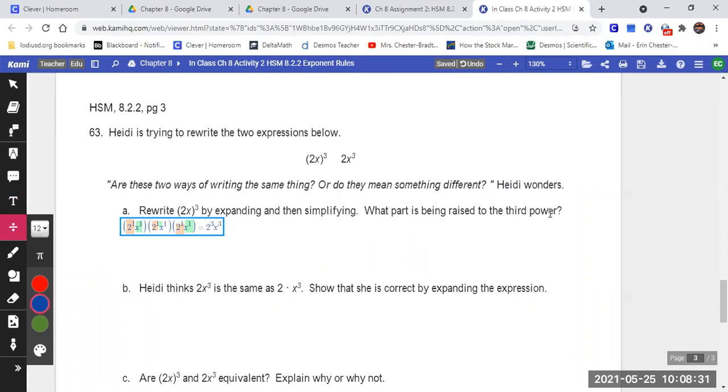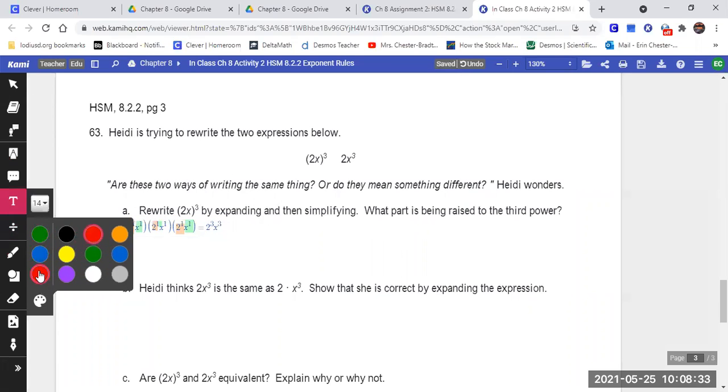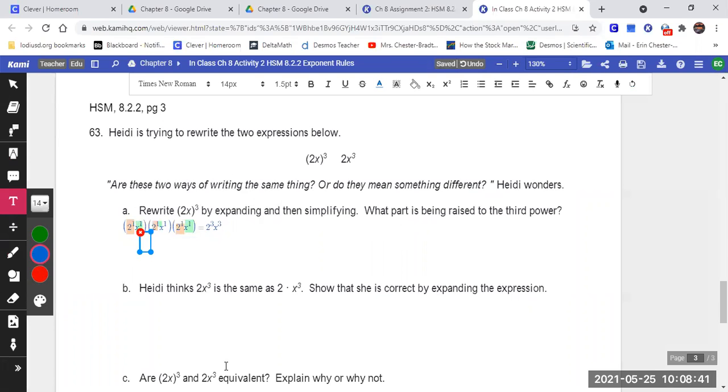Now, what part is being raised to the 3rd power? Just the 2, just the x, or the entire parentheses? What part was raised to the 3rd power?